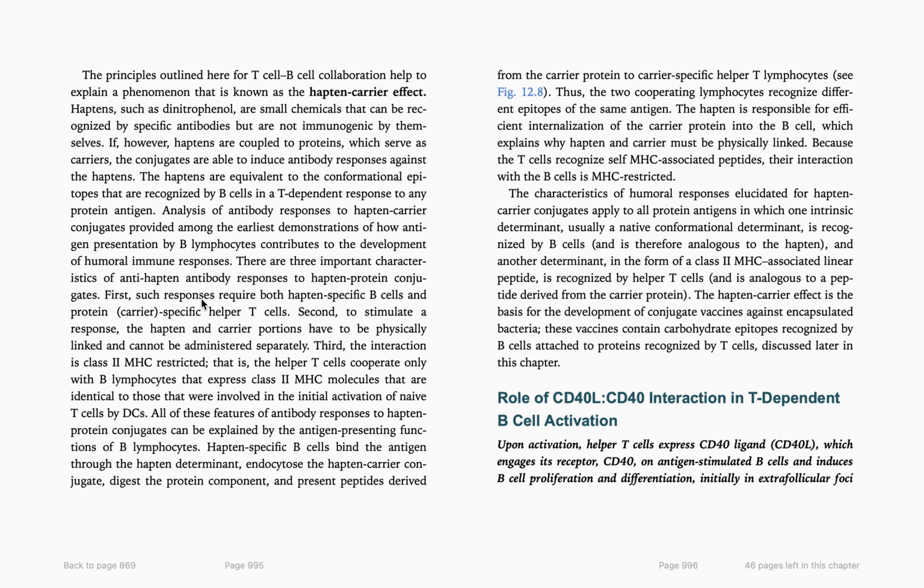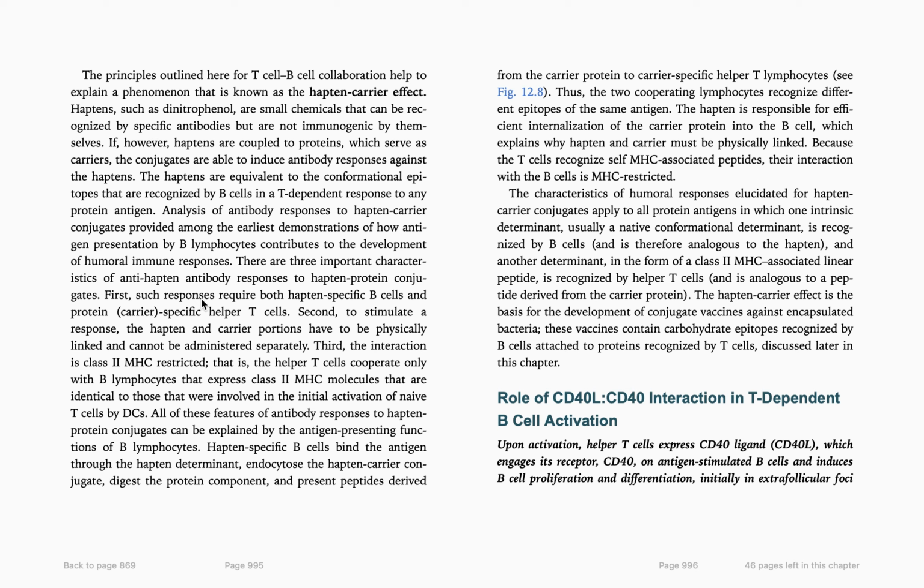The characteristics of the humoral response elucidated by hapten carrier conjugates apply to all protein antigens, in which one intrinsic determinant, usually a native conformational determinant, is recognized by B cells and is therefore analogous to the hapten, and another determinant in the form of a class II MHC associated linear peptide is recognized by helper T cells and is analogous to the peptide derived from the carrier protein.